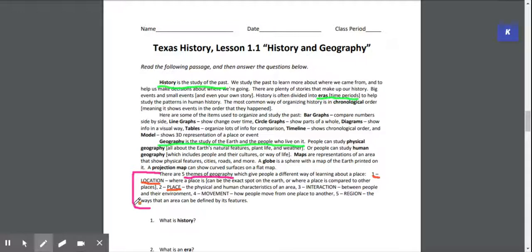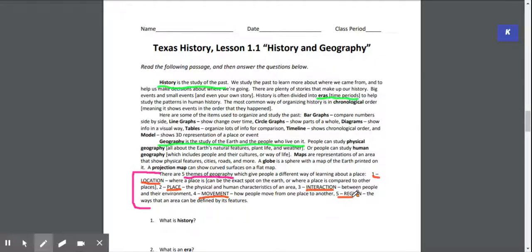Place is the physical and human characteristics of an area. The third theme of geography is called interaction. Interaction between people and their environment. The fourth theme of geography is called movement. How people move from one place to another.